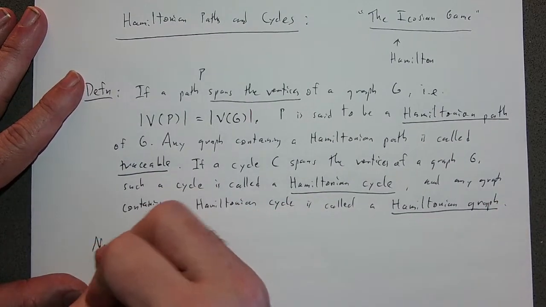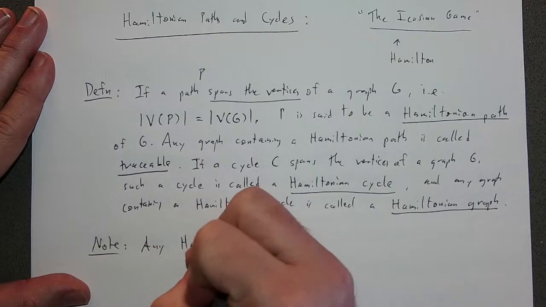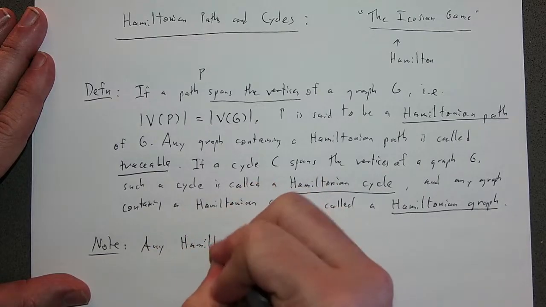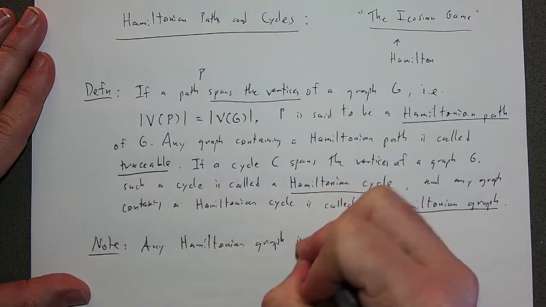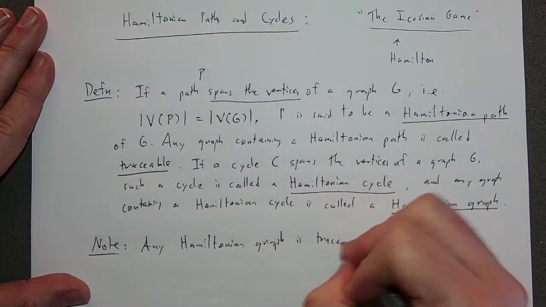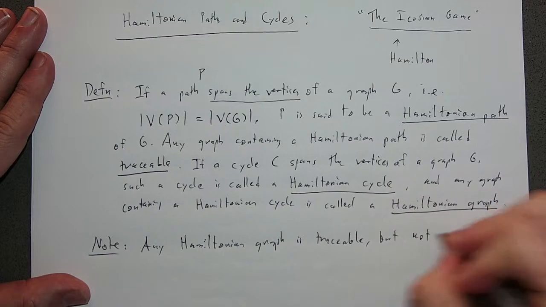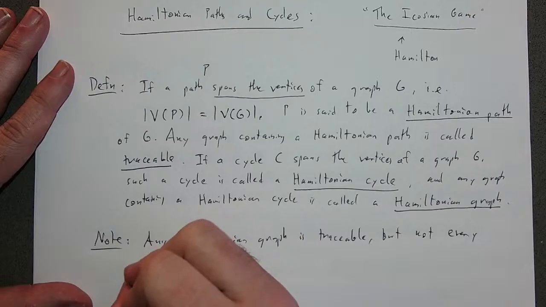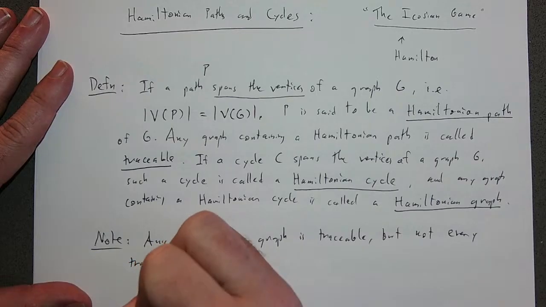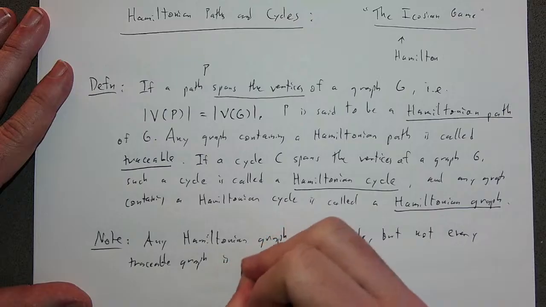So note, just from this definition, any Hamiltonian graph is traceable, but not every traceable graph is Hamiltonian.